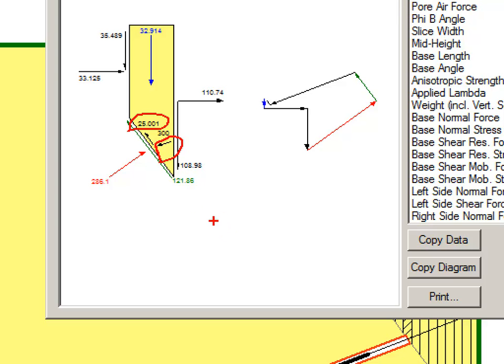So here's another feature that you can use if you are comfortable relying on shear in the anchor. But remember, once again, it has to be per meter into the paper, so to speak.